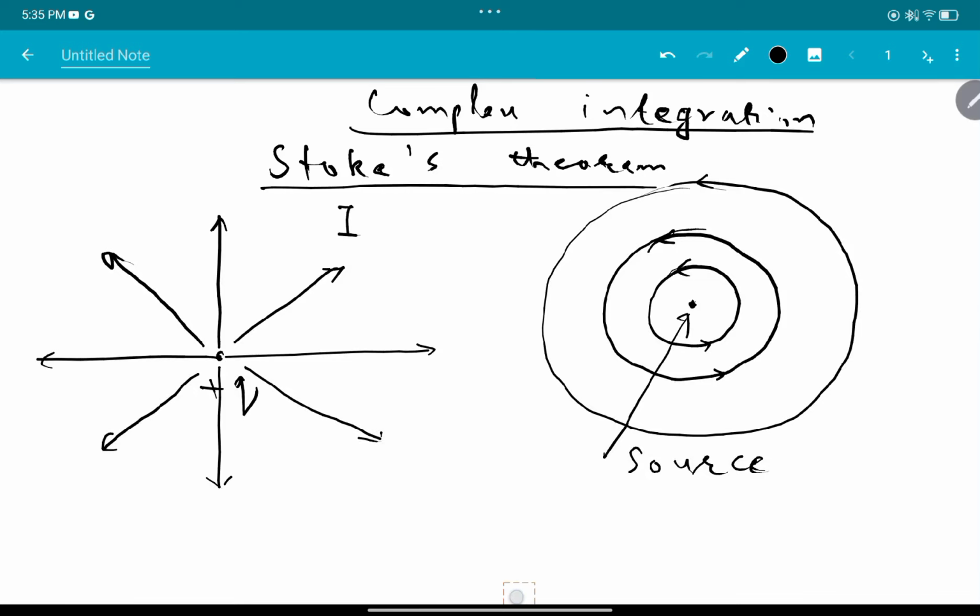We differentiate this property of these two fields, electric and magnetic, by saying that the magnetic field has a tendency to go around its source, and this tendency is given the name of circulation. We say that the magnetic field has a circulation around its source, whereas the electric field has no circulation around the source.